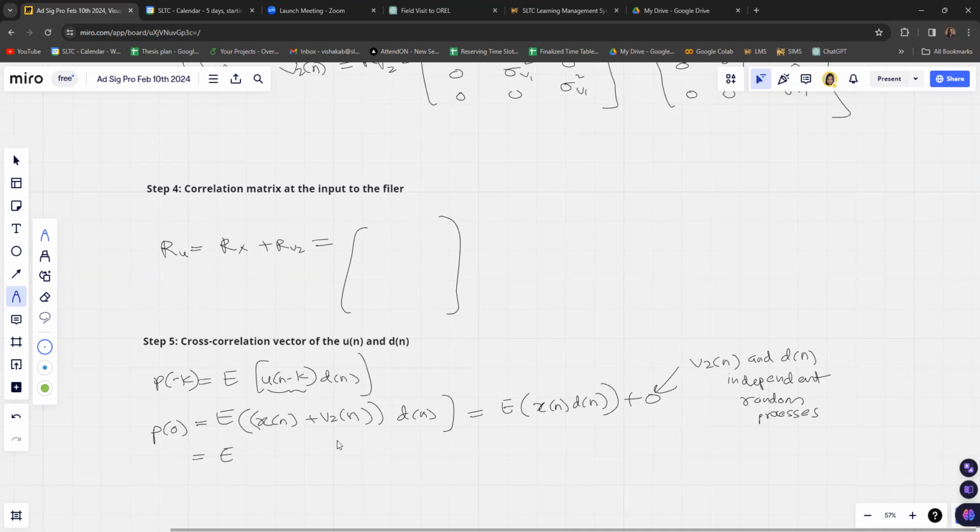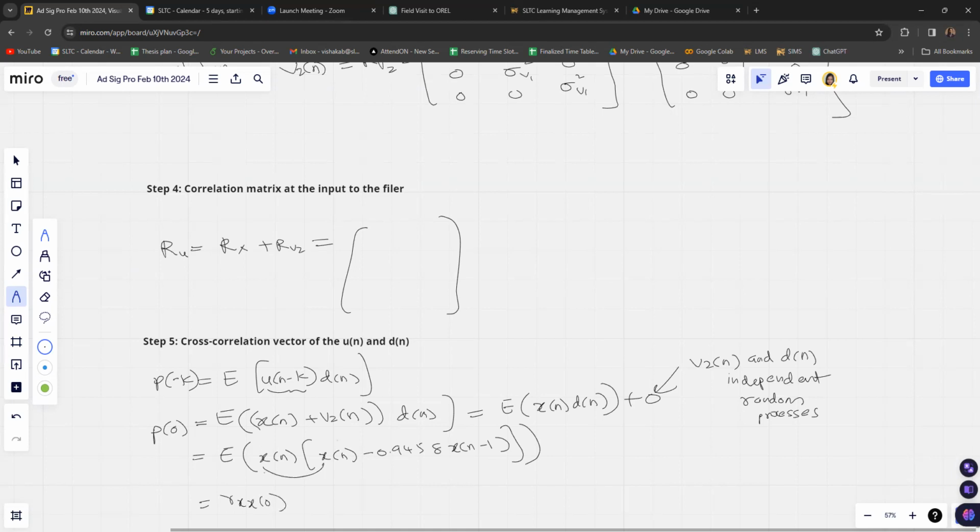We can multiply xn with dn, but dn we can represent using xn only, which we did earlier: dn is xn minus 0.9458 xn minus 1. So we can get the product of xn to xn, which is rxx0.